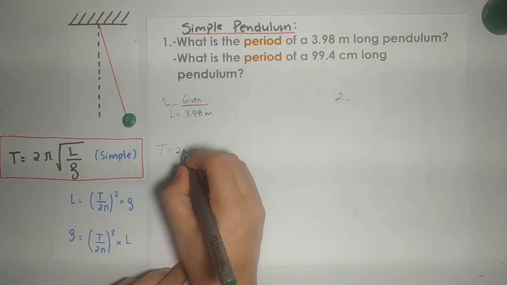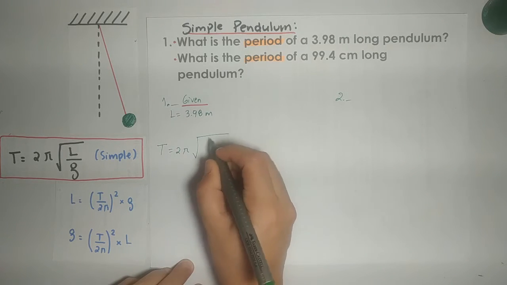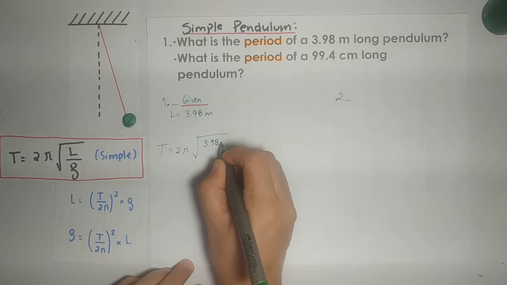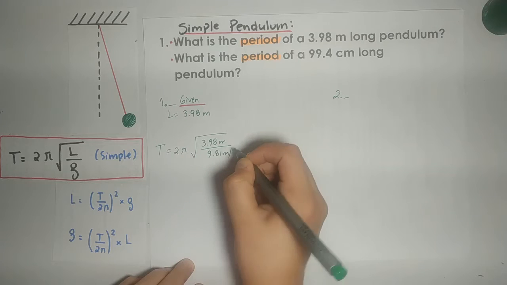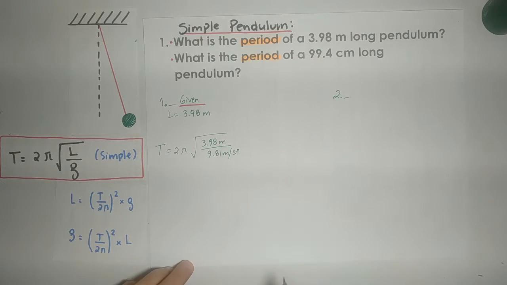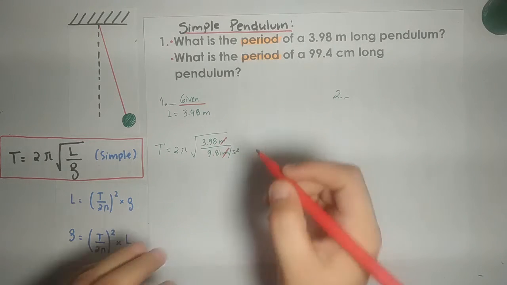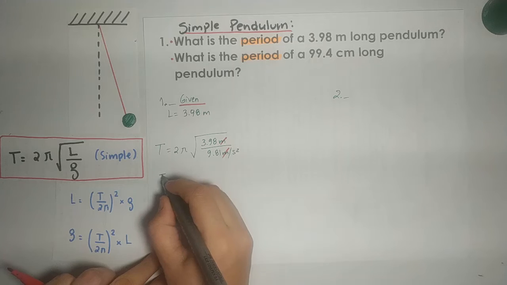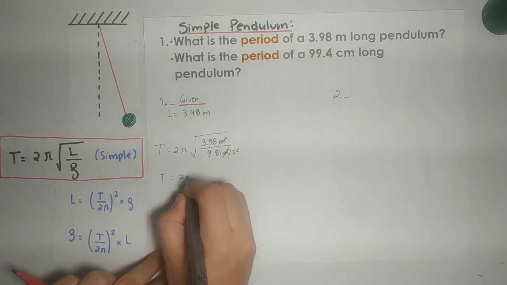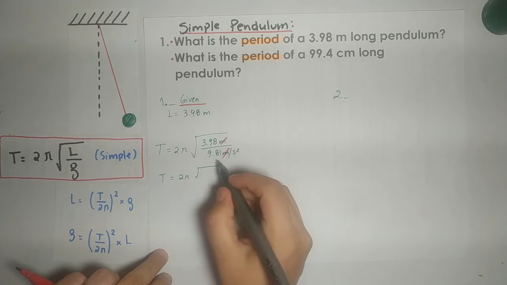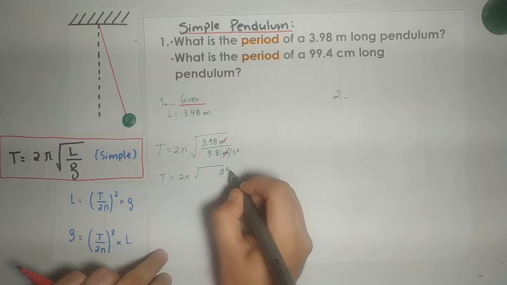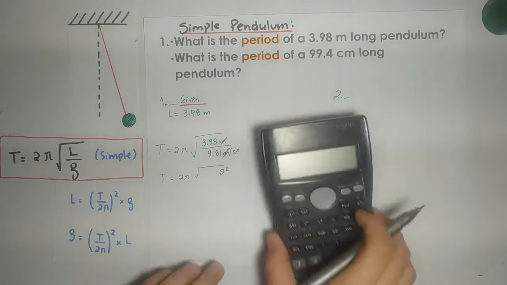Period equals 2 pi square root 3.98 meters divided by 9.81 meters per second squared. So here I will cancel meters with these meters right here. So my period will be 2 pi square root of this division, seconds to the second power.